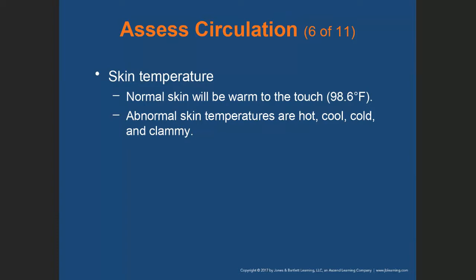So at this stage in your circulation, a definitive number is not important. You will definitely be doing an accurate temperature reading in your vital signs segment. But at this point, it's not necessary for you to determine the exact temperature of the skin, right?